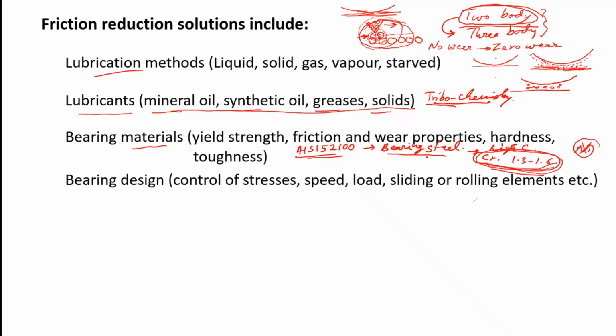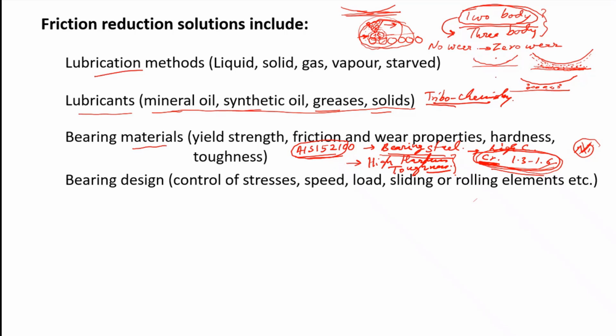That's why cost-wise bearing steel will be cheaper, but performance-wise it has very high hardness and very high toughness. These are the two most important ones. Other properties like corrosion resistance are also good because of the presence of chromium.